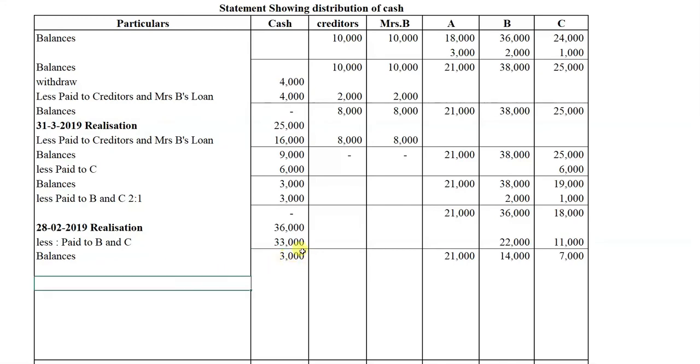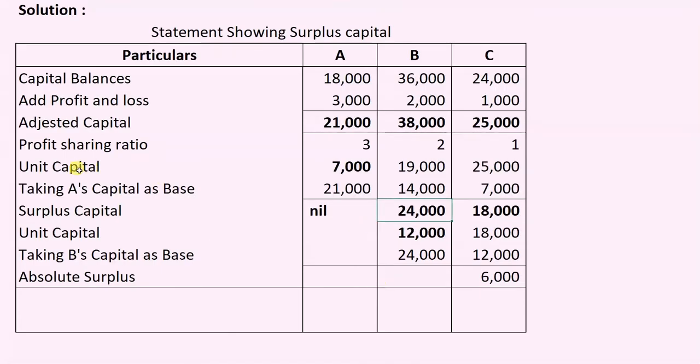So now we have rupees 3,000 cash balance, and in the second step surplus capital is already paid, absolute surplus is also paid. So now we pay the adjusted capital.